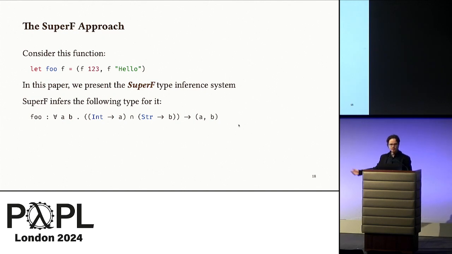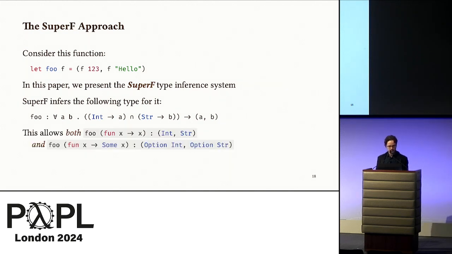And this, again, is the principal type of this function. We can actually demonstrate it. This way you can call foo with all sorts of functions that return different things and get the expected type. So foo of the identity gives you int and string, and foo of the Some constructor gives you option of int and option of string.